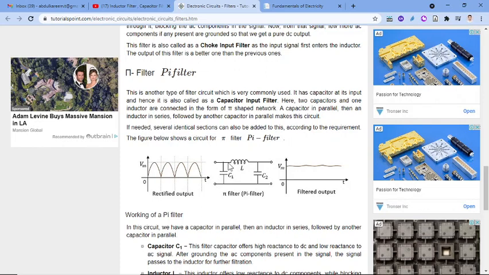Of the remaining AC and DC, the AC will be blocked by the inductor, and we will get a small AC and large DC in the output of the inductor. The small AC is again filtered out by C2. Then we will get a smooth or almost pure DC in the output.